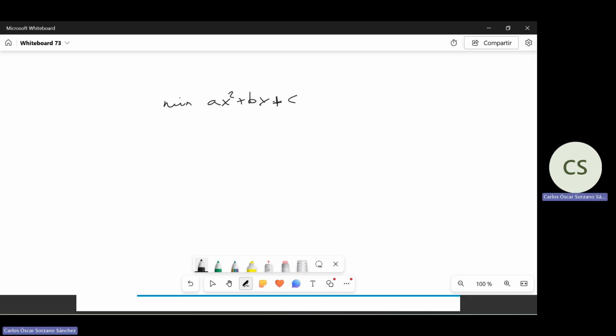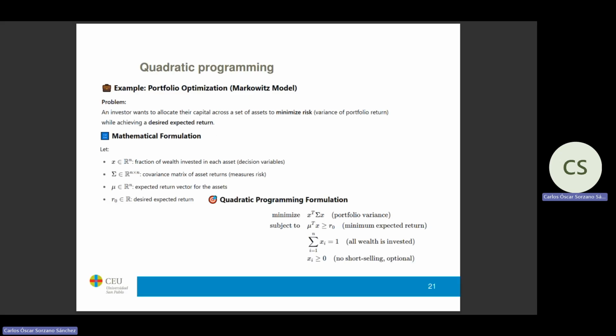The general quadratic form. So the equivalent in several dimensions would be something like this. So x transpose a x plus b transpose x. So vectors. This would be the equivalent. Okay, so this is a quadratic programming problem.